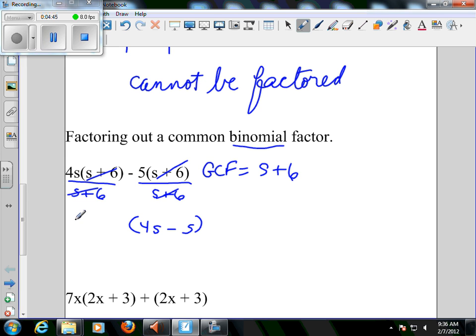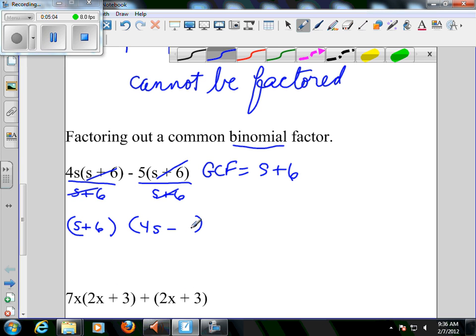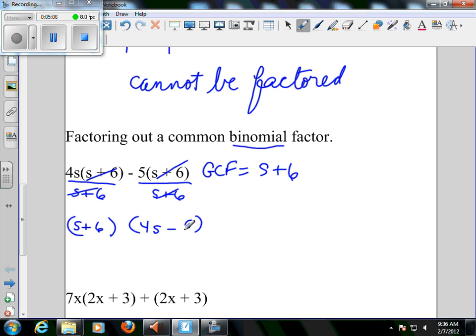And we're going to put the s plus 6 in front. And so there is our factored form, s plus 6 times 4s minus 5. And I would like to make that 5 look a little bit better so that it doesn't get confused with the s. So let's see if we can do that here. There you go. That's a little bit better.